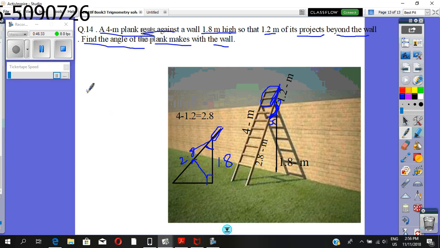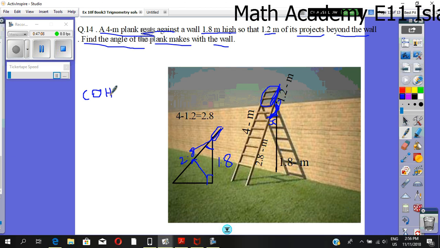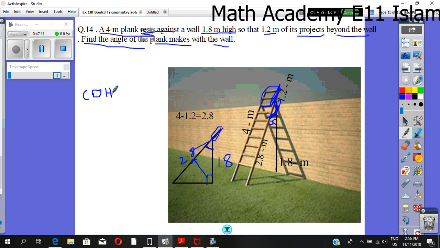Adjacent and hypotenuse, which ratio are we supposed to use? Cos.